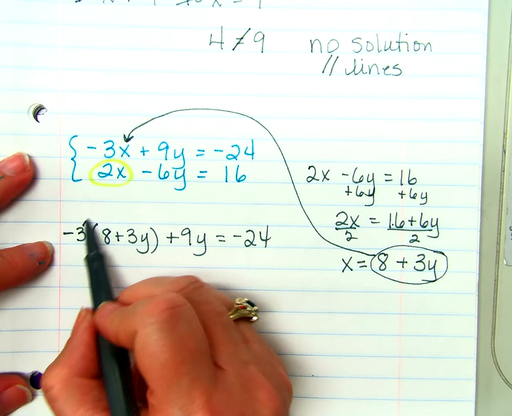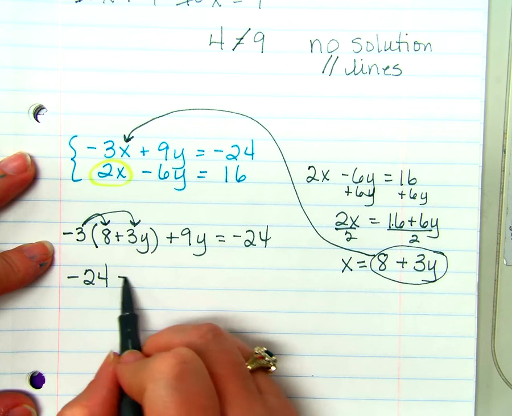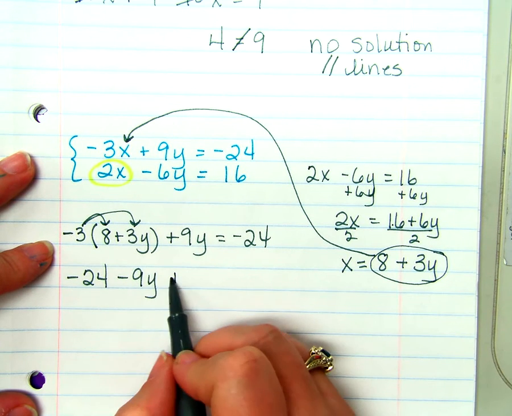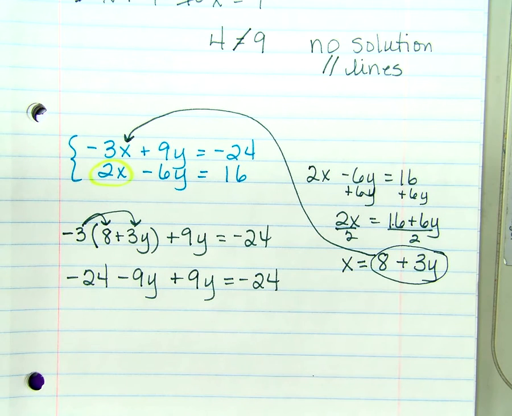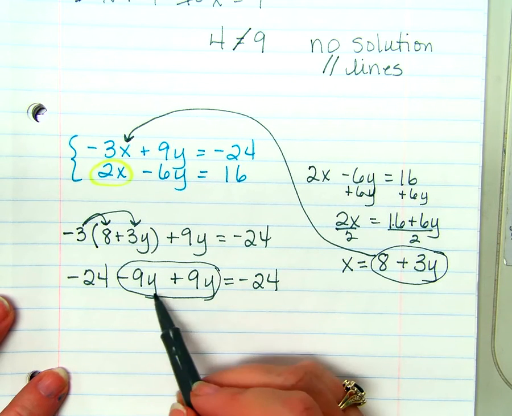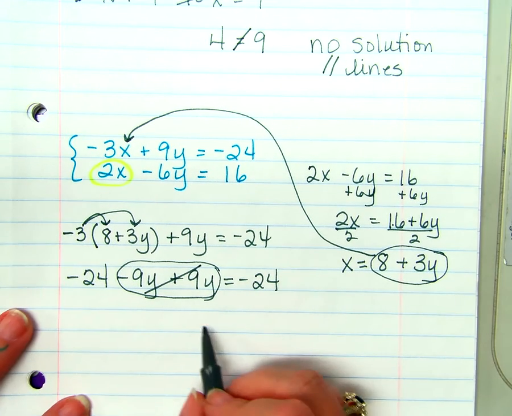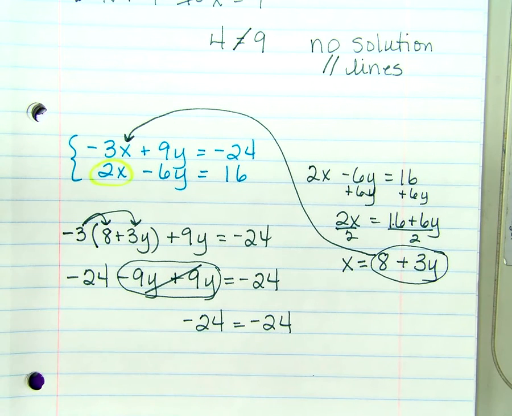Now I distribute here and here, and I get negative 24 minus 9y plus 9y equals negative 24. Look, there's no more y's because that's 0. Negative 24 equals negative 24.